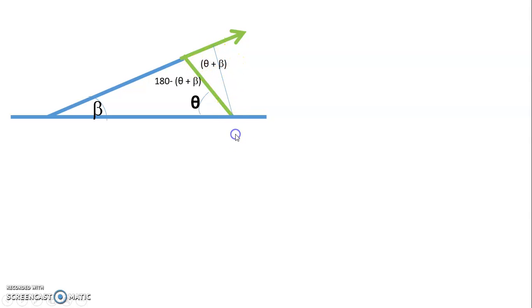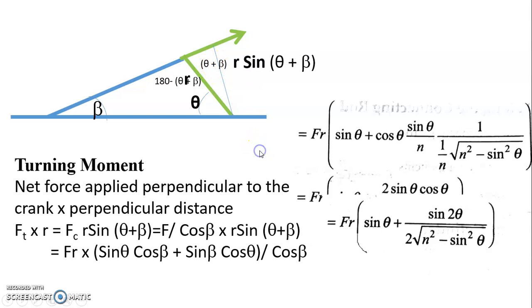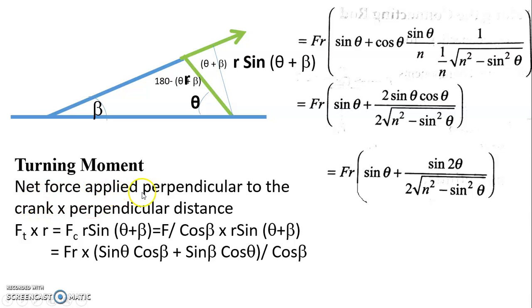So this is the crank length r, and this distance is equal to r sine (theta plus beta). So F34 into r sine (theta plus beta) will give you the turning moment. So the net force applied perpendicular to the crank into the perpendicular distance is the turning moment, and Ft into r, where Ft is equal to the force acting along the connecting rod, that is F34, into r sine (theta plus beta), and F34 is equal to F by cos beta, into r sine (theta plus beta).